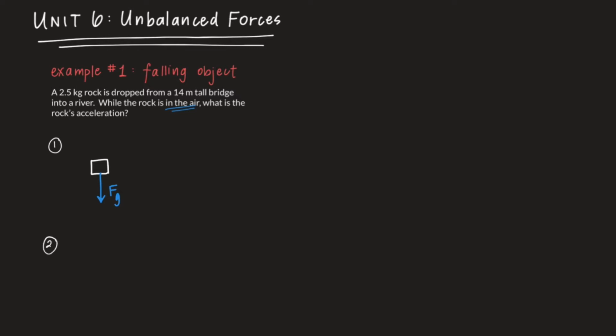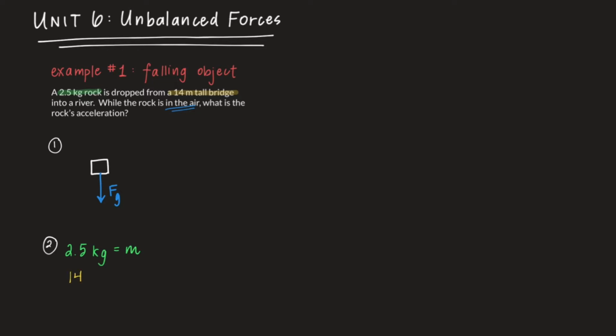So step 2, we're going to write out our givens. The first thing that we're given is the mass of this rock. It says 2.5 kilograms is the mass of our rock. So 2.5 kg is equal to m, the mass. We're also given another number in here, that the bridge is 14 meters tall. So I might as well write that down.